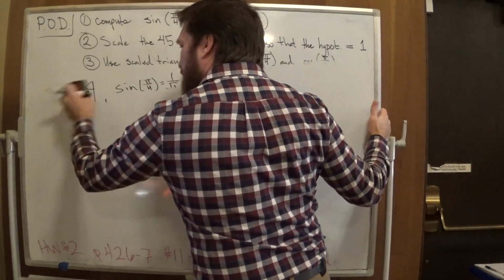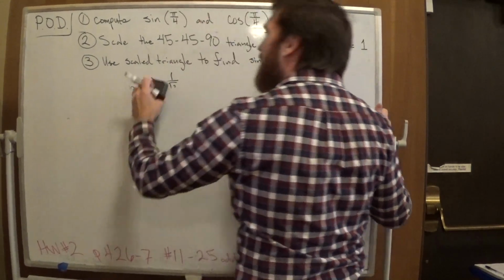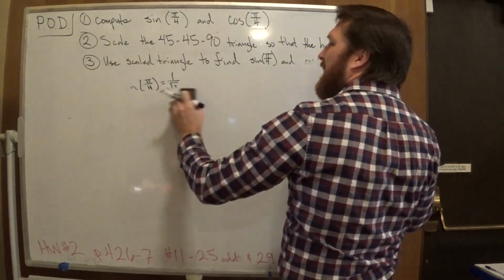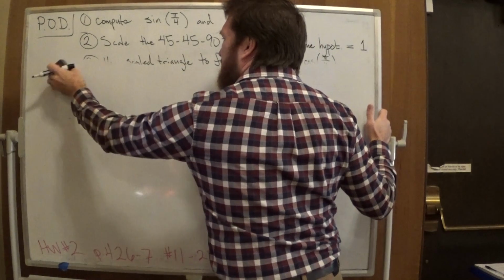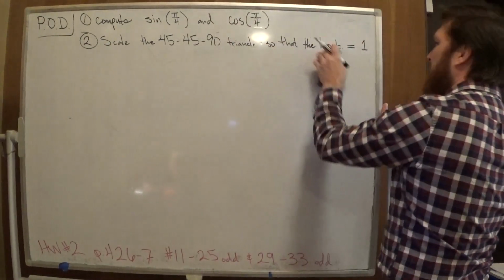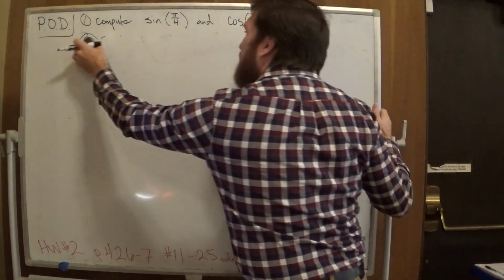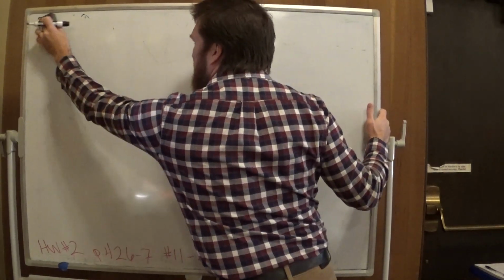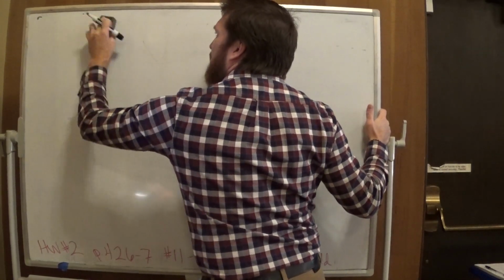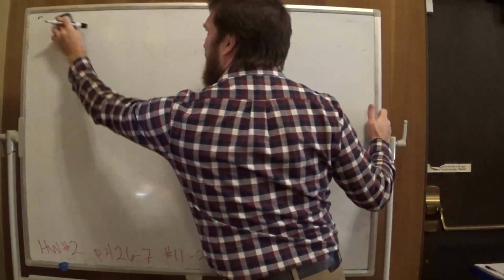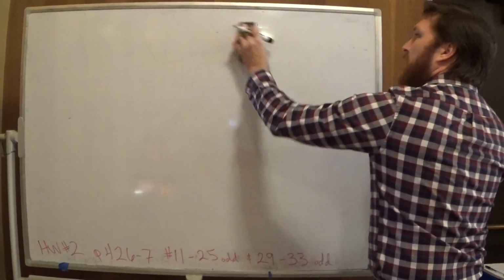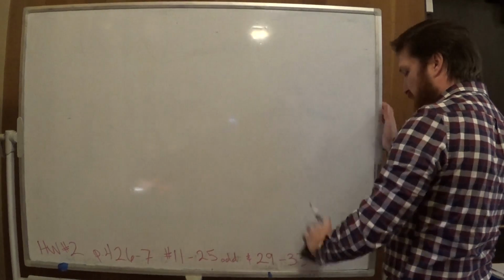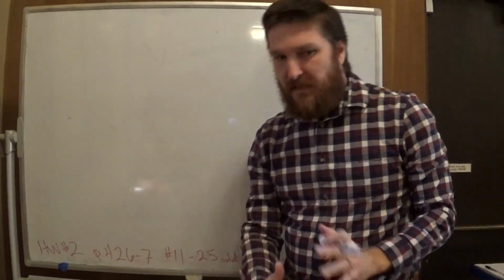And if you'll notice, this is why I call it the 45, 45, 90. I said this when I first introduced it, day 1 or day 2. We're going to call this the 45, 45, 90 and the 30, 60, 90 triangle, because as long as the angles are the same, it doesn't matter how big you've scaled up or down.